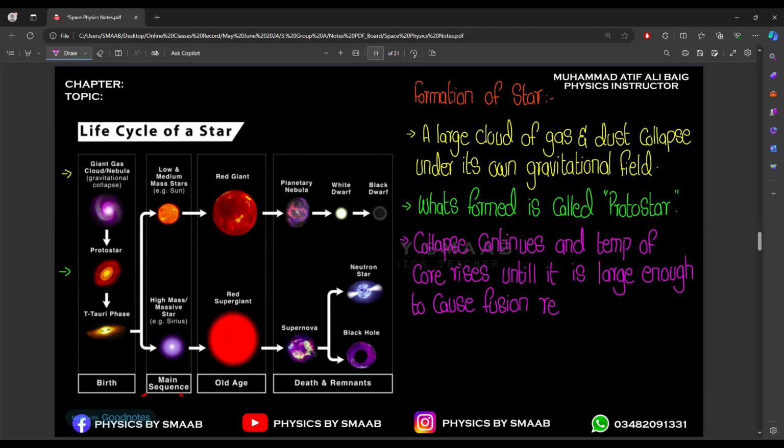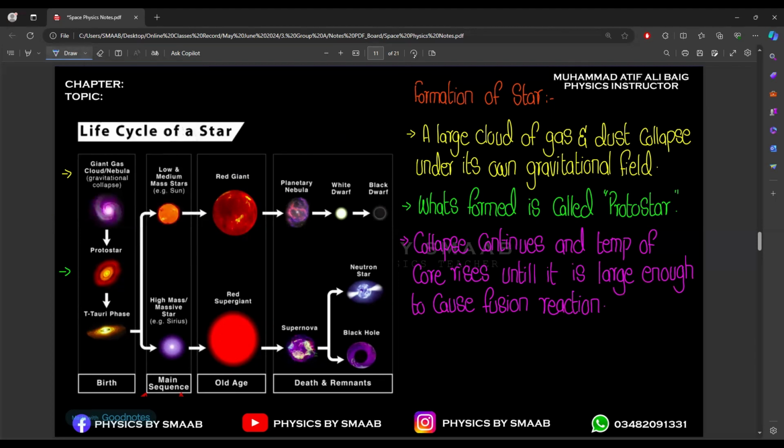Because in the concept of the stars, we discussed that fusion reactions take place. So how does this fusion reaction actually start? Due to the gravitational field, the temperature of the core continues to rise until it reaches a specific value. At that specific value, the fusion reaction starts.